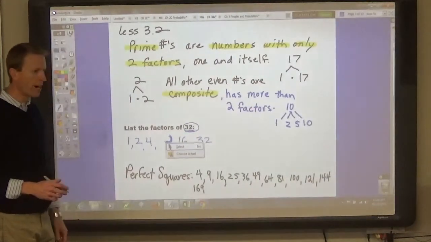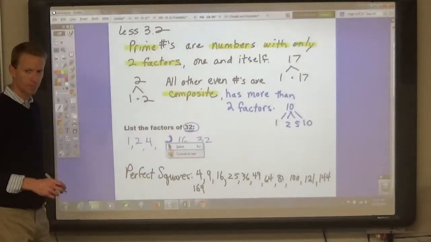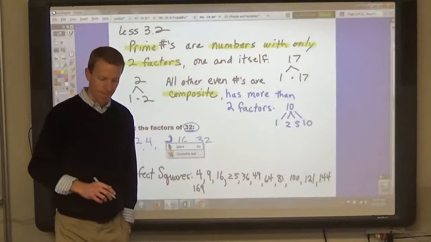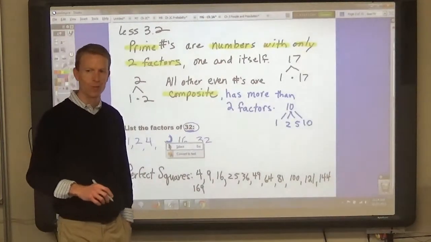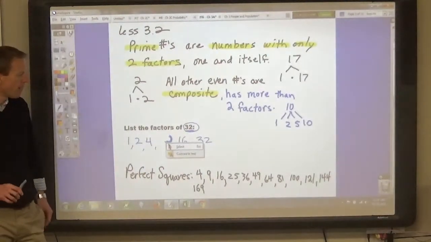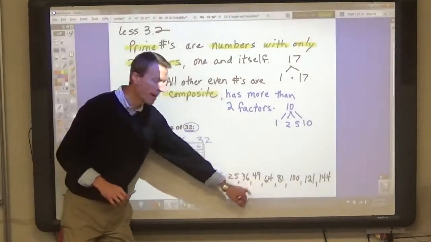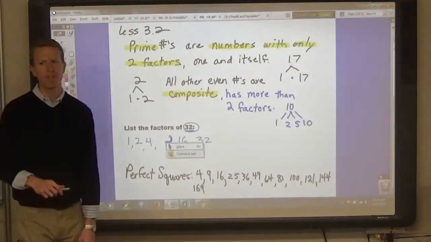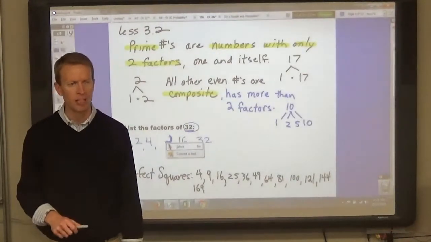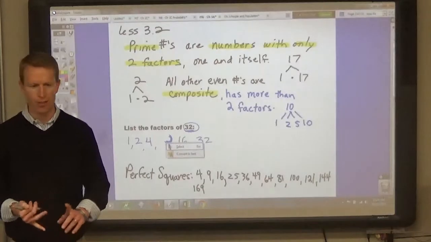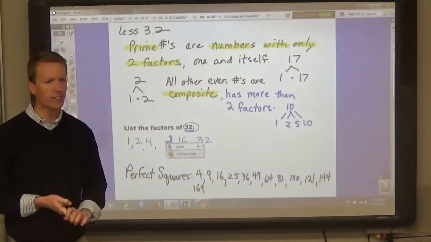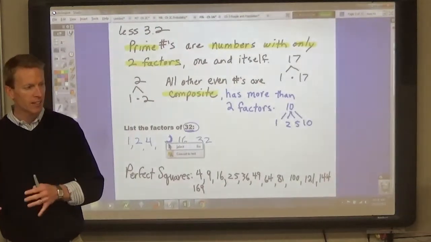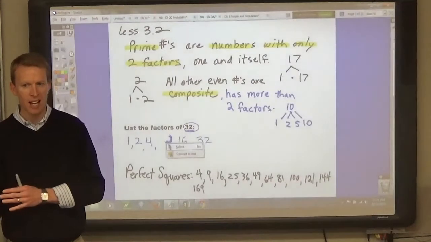What are perfect squares? It's numbers that are squared, a number multiplied by itself, like 2 times 2. For example, you might look at a number like 49 and think, wait a second, I think 49 is prime because 2 doesn't go into it, 3 doesn't go into it, 4, 5, 6, 8, 9, 10 don't.